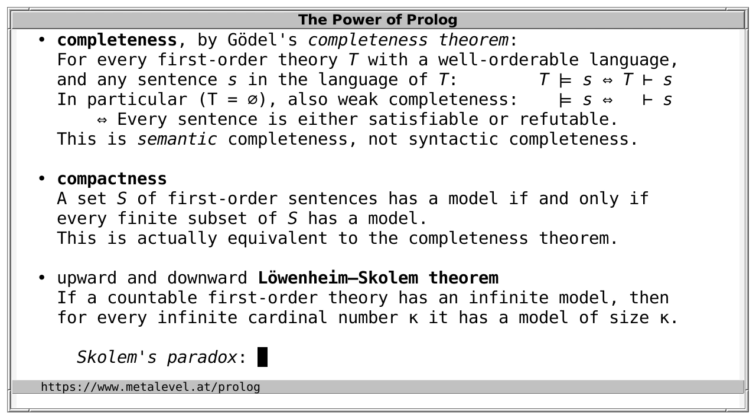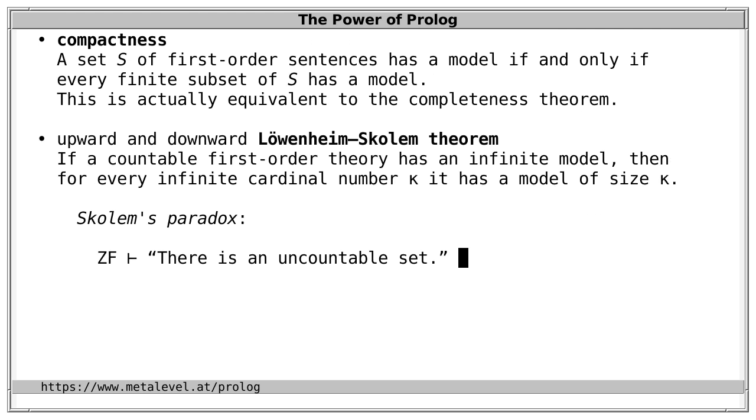And this leads, for example, to Skolem's paradox, because we can formulate and prove from ZF a sentence that states there is a set that is not countable, because ZF proves Cantor's theorem. That is, there is no bijection between a set and its power set. And together with the axiom of power set, ZF proves that there is a set which can't be put in bijection with a set of integers.